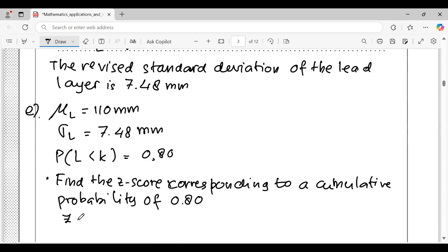The z for 0.80, using a calculator or table, is 0.8416.